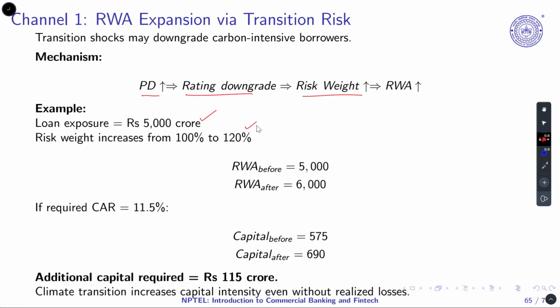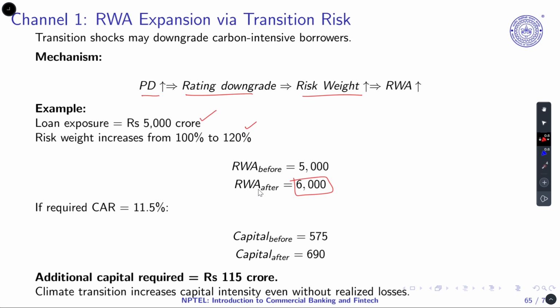So now you can say RWA before is 5,000 and RWA after is 6,000. If you are increasing the risk weight from 100 to 120, so 5,000 into 120, it is going to be a 20% increase. So 1,000 increase, so it is 5,000 plus 1,000, 6,000.